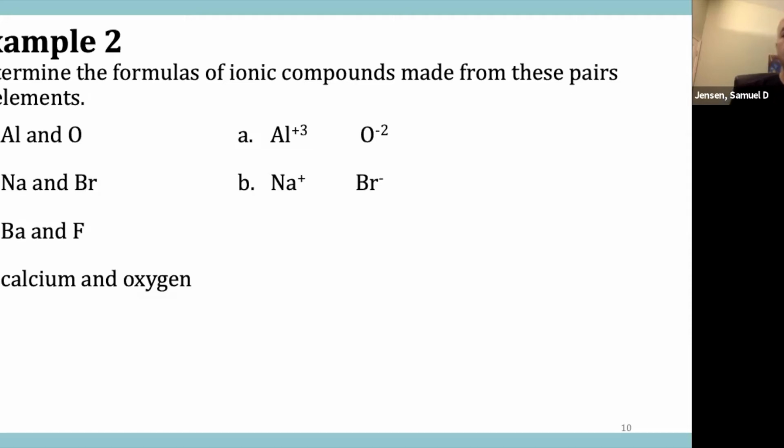For sodium, that we should know is +1, bromine is -1, they just easily go together. Barium is an alkali earth metal, so its common charge is +2, just like magnesium. And calcium and oxygen are +2 and -2, respectively.